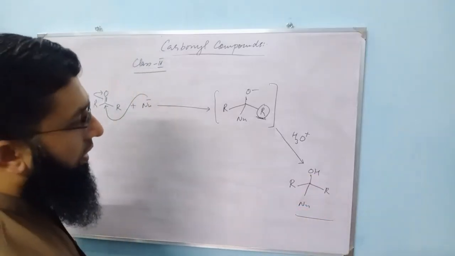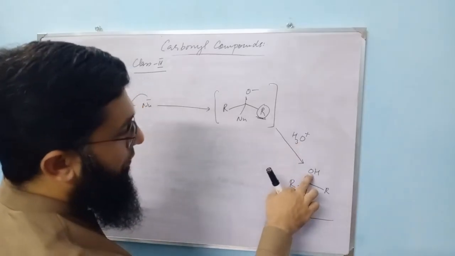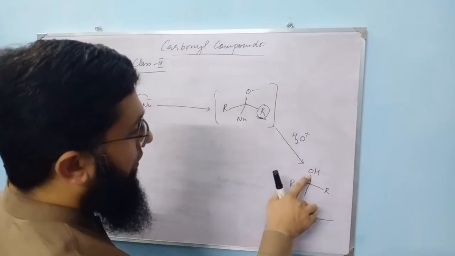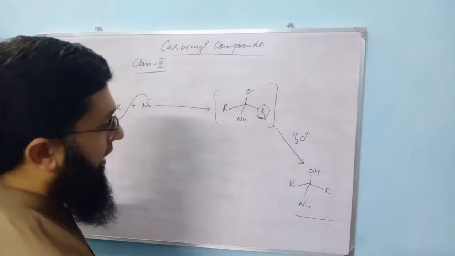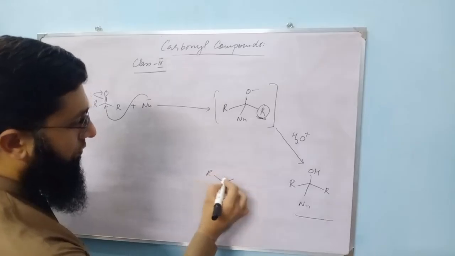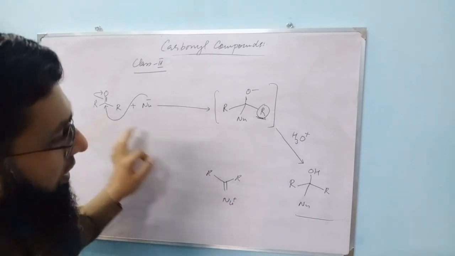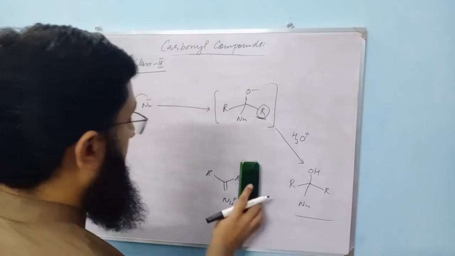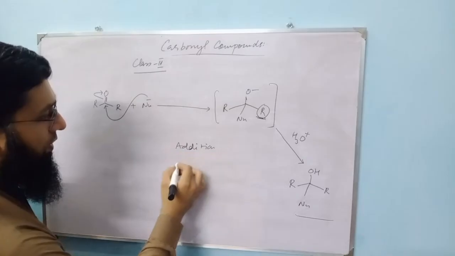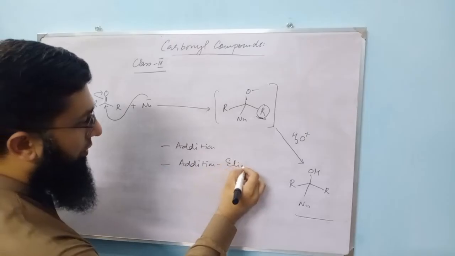In some cases there is also a possibility that because of acidic conditions this OH gets protonated, and if lone pairs of the nucleophile are present, they can cause the water molecule to eliminate, and we can also get an elimination product as well, like this. So generally the class 2 carbonyls give addition reaction or addition elimination reaction.